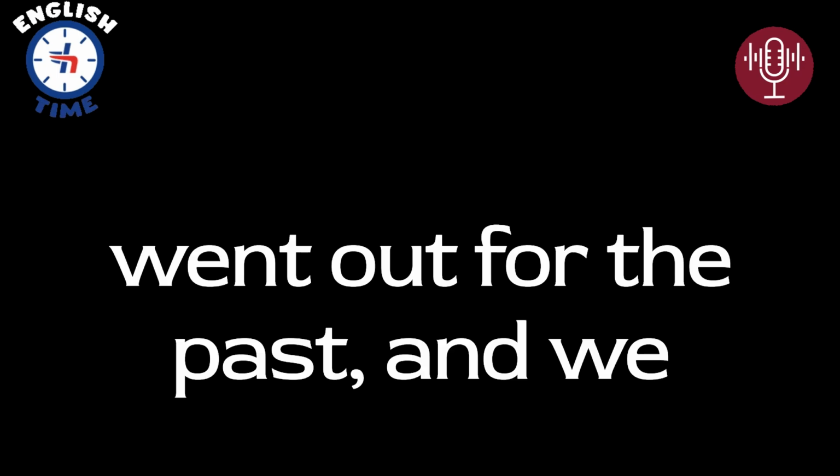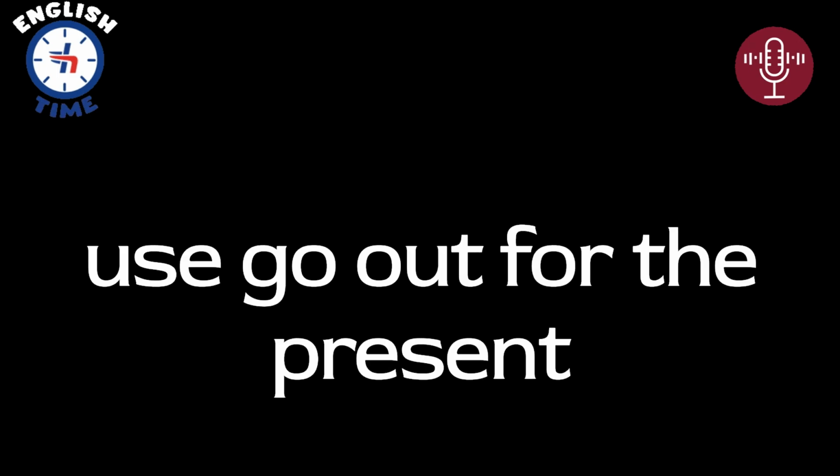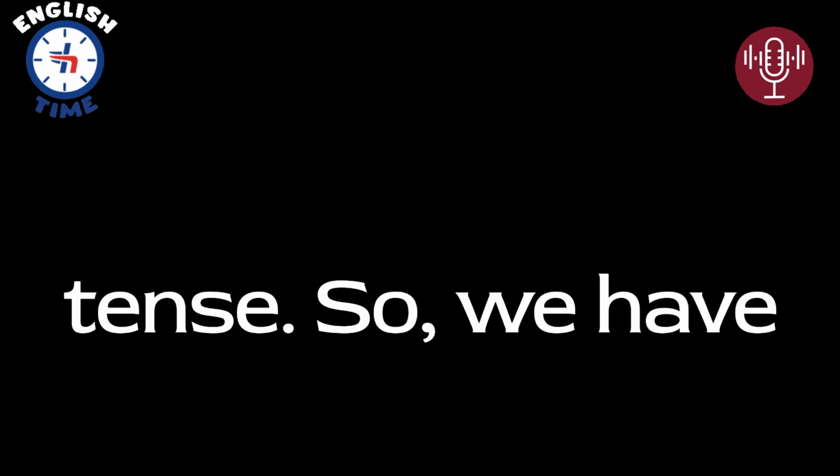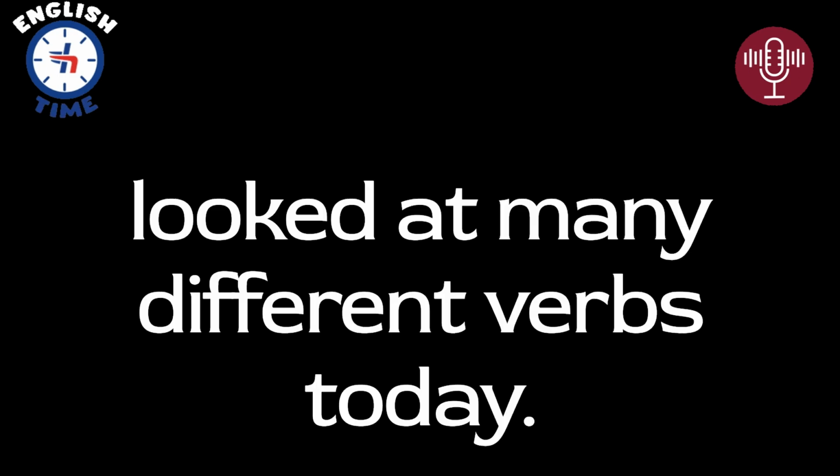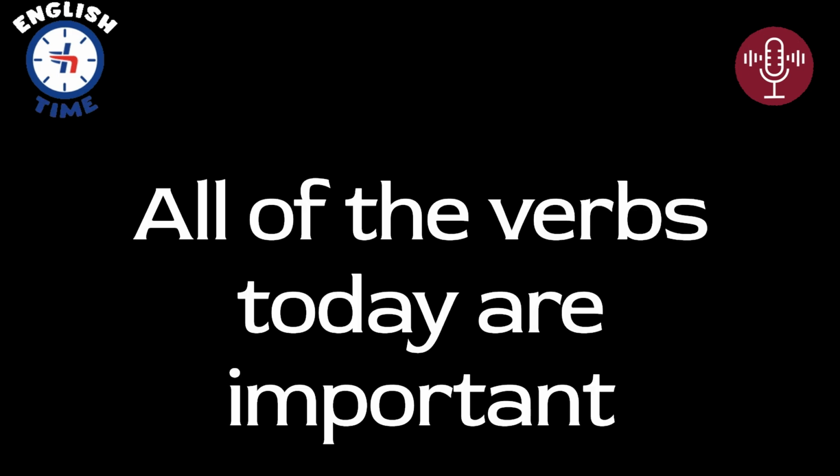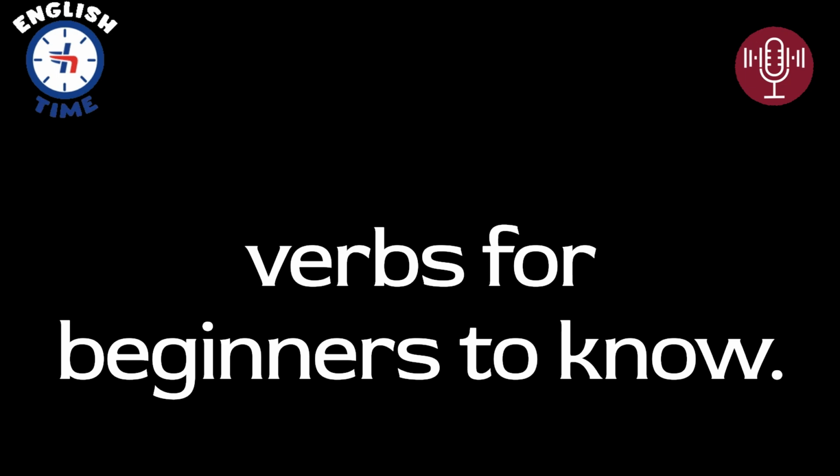So we use went out for the past and we use go out for the present tense. So we have looked at many different verbs today. All of the verbs today are important verbs for beginners to know. We use these phrasal verbs very often.